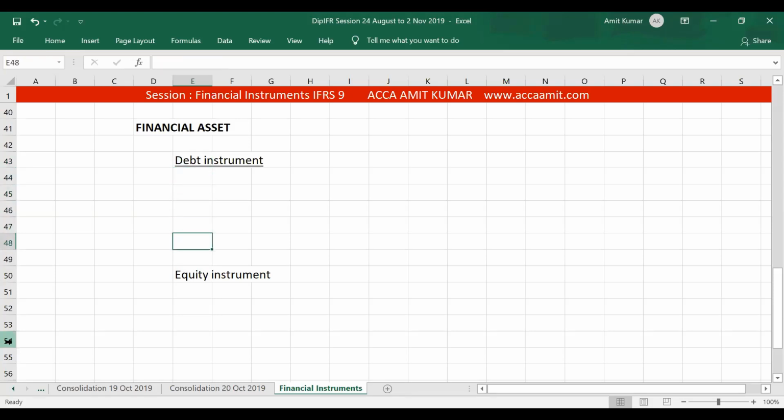Now, why are you holding this debt instrument and what are its terms and conditions?